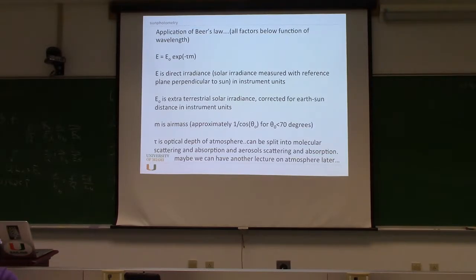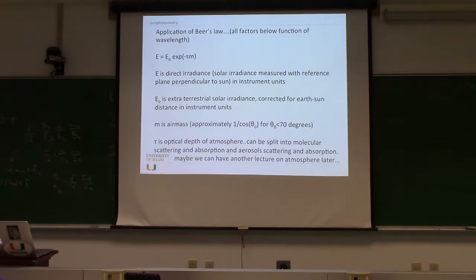Okay? And if I know E0 up here from a table, and I measure my direct solar irradiance E at the bottom, then the transmission is just E over E0. And this is equal to e to the minus the aerosol, or total optical depth, tau, times m.